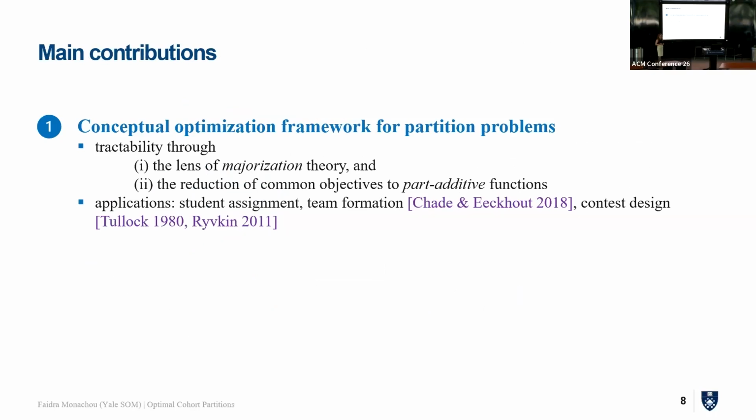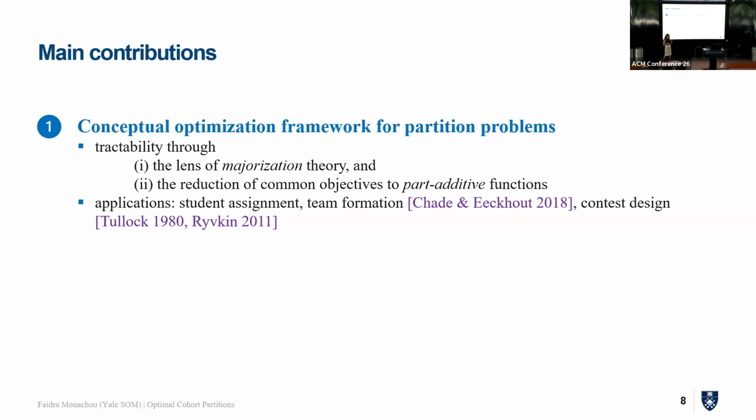With this motivation in mind, we make two contributions in this paper. First, we offer a conceptual optimization framework for this general partition problem. We gain tractability in two ways. First, by using majorization theory, and second, by observing that several common objectives policymakers use take a convenient form.